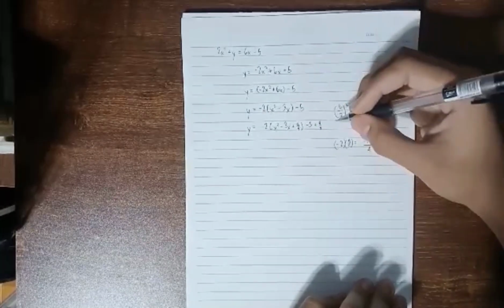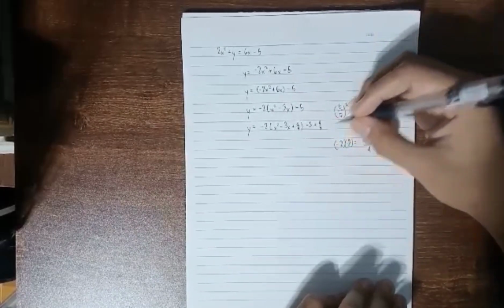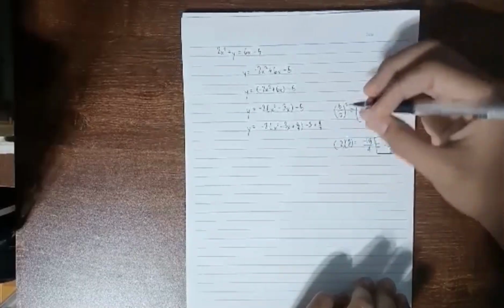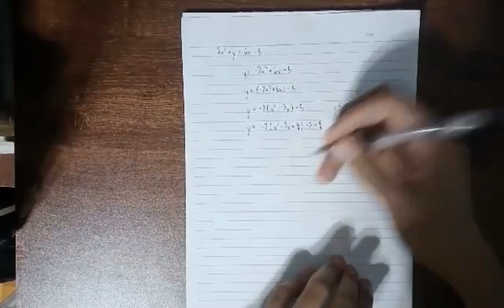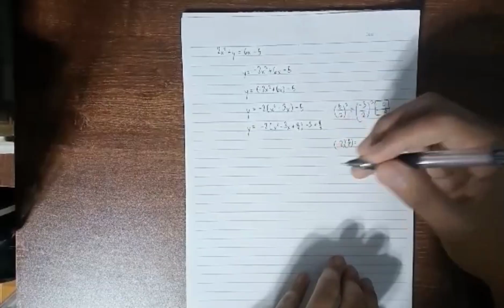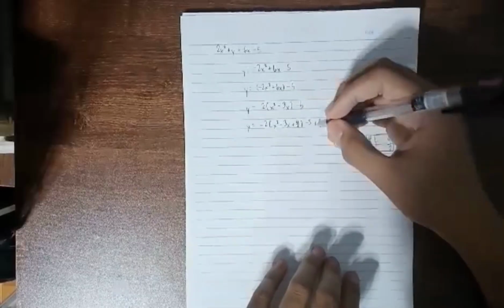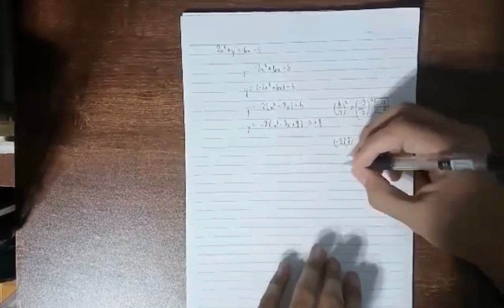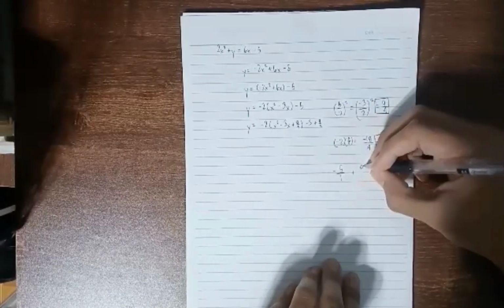Since this is a negative, the sign will change, because in subtraction the sign of the subtrahend will change from negative to positive or positive to negative. So simplify it further, it will turn into negative 5 over 1 plus 9 over 2.